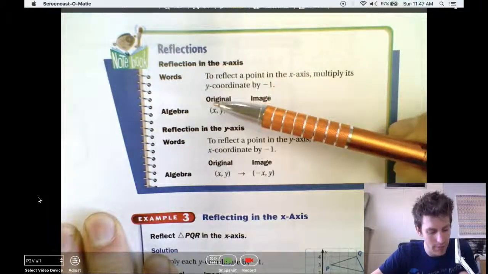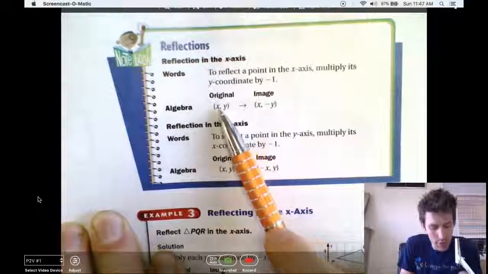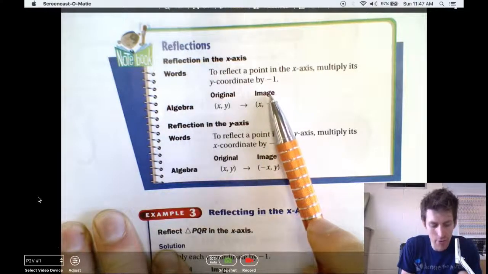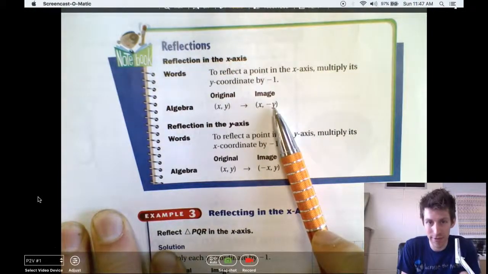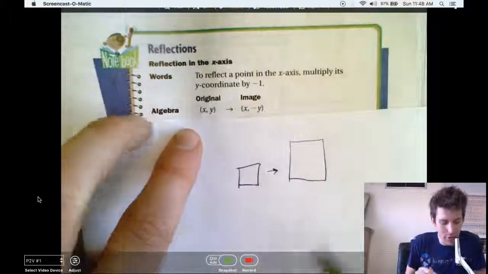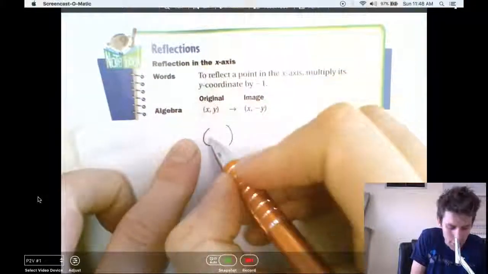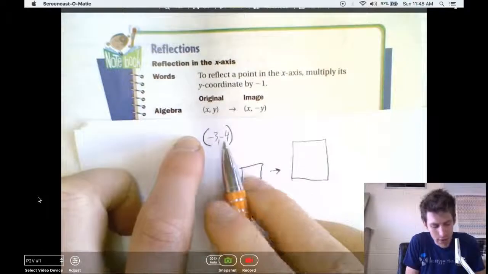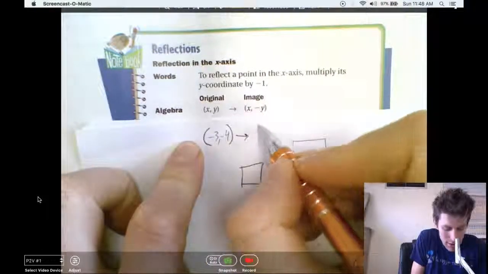If you're reflecting it up to the top or down to the bottom, the original, if it's xy, the reflection, you just make the y-coordinate the opposite. Now, don't be confused. Maybe your original here isn't going to be positive something. Maybe your original is -3, -4.